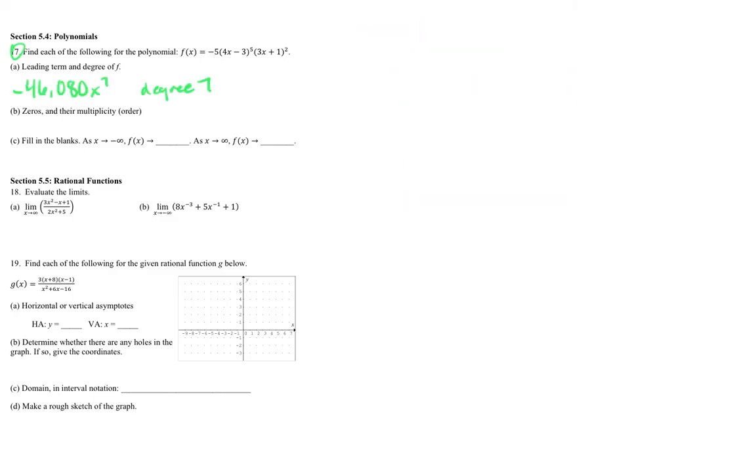Okay, so finding our zeros and their multiplicity, right? It's when this function is going to be equal to 0. So that's when these insides are going to be equal to 0. So 4x minus 3, set that equal to 0. We add 3 to both sides. 4x equals 3, divided by 4. X equals 3 over 4, right? And that zero, we can see it has the 5th power there.